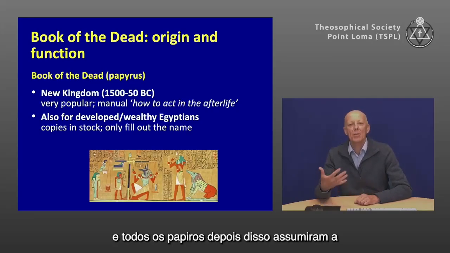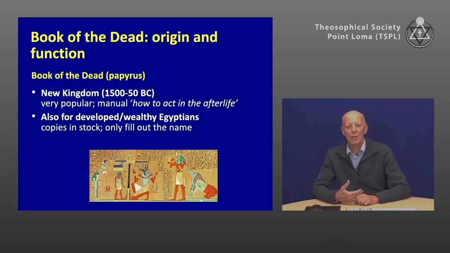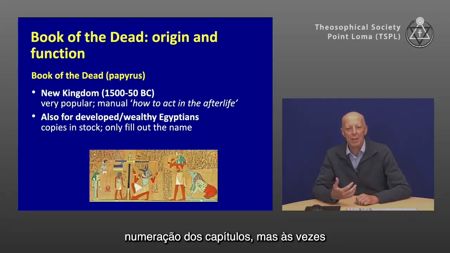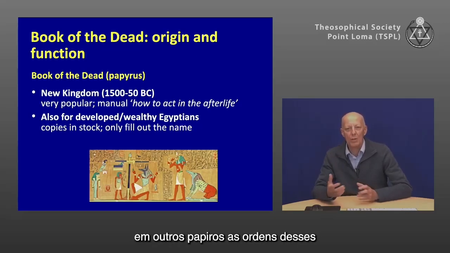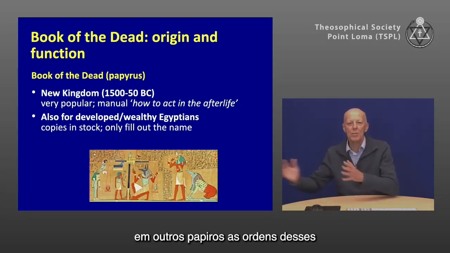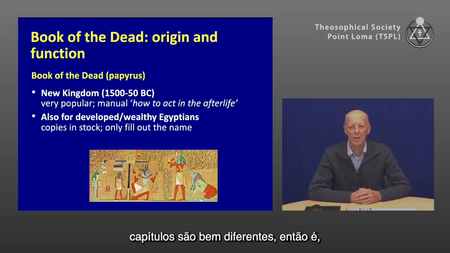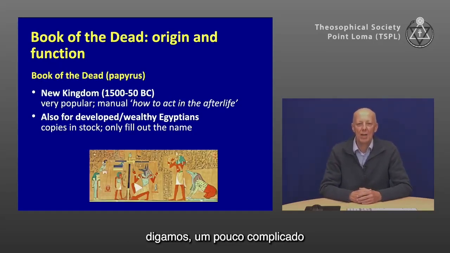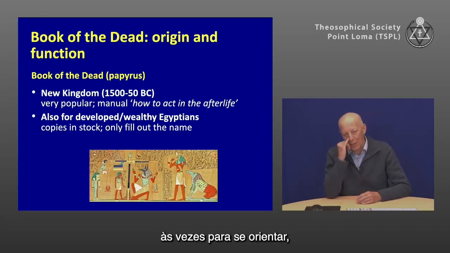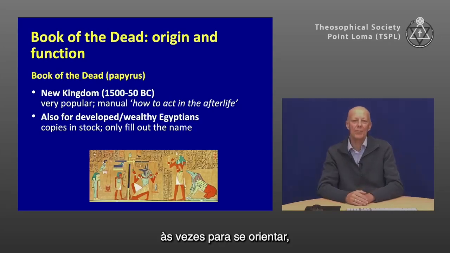And all the papyruses after that took over this chapter numbering, but sometimes in other papyruses the orders of these chapters are quite different. So it is, let's say, a little bit complicated sometimes to find your way around.